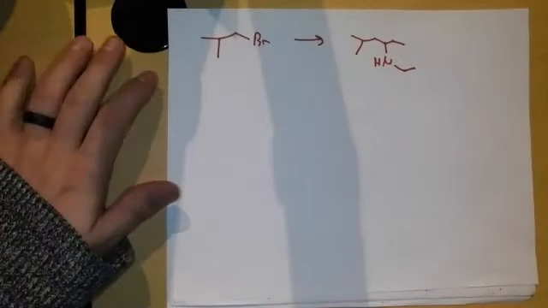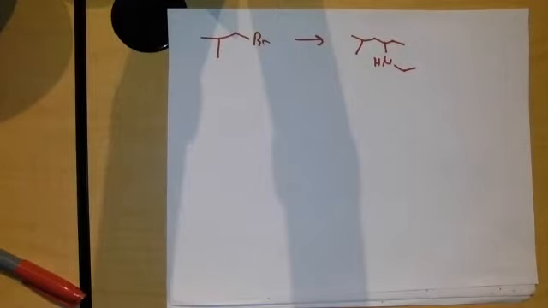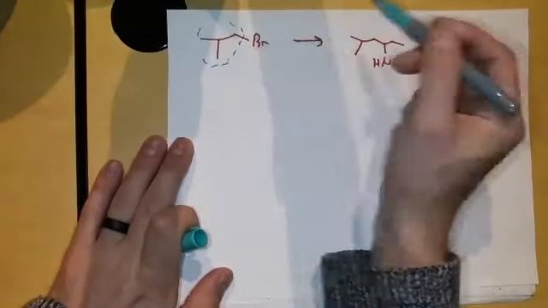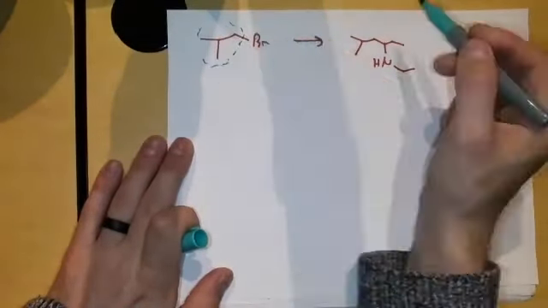Two different ways we could do this. First step, taking a look at it, got this isopropyl group. It looks like we need an extra carbon for where our carbonyl is going to be.